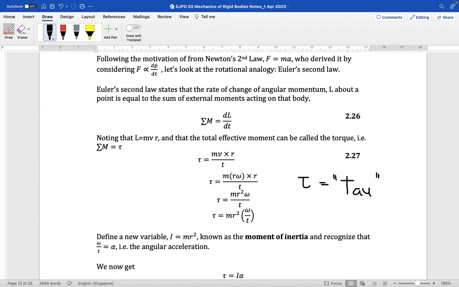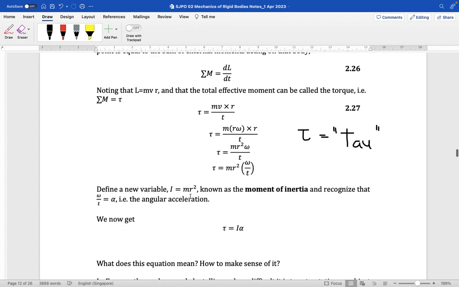And what we have done here is we have arranged the variables such that tau equals mr squared times omega over t. Let us look at this specific cofactor here, mr squared.